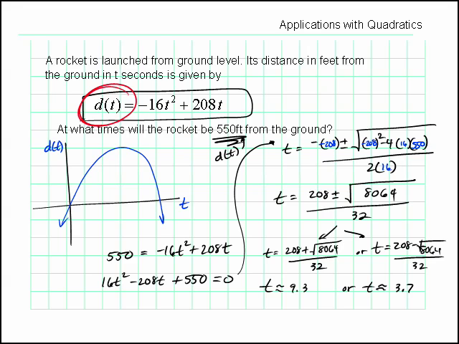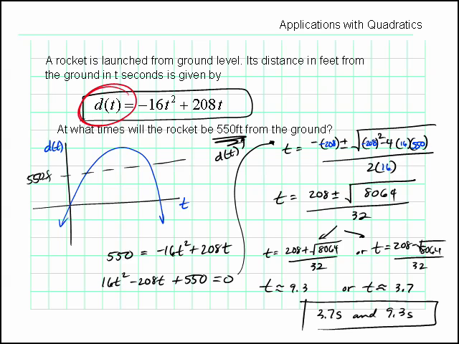The time that the rocket would be 550 feet from the ground is 3.7 seconds and 9.3 seconds, which makes sense because if this were, let's say, 550 feet here, then on the way up, the rocket would hit this height from the ground, and this one must be the 3.7 seconds. And then also on its way back down here, it's now at 550 feet again, and that must have occurred at 9.3 seconds. And so we found the two values that we were looking for.